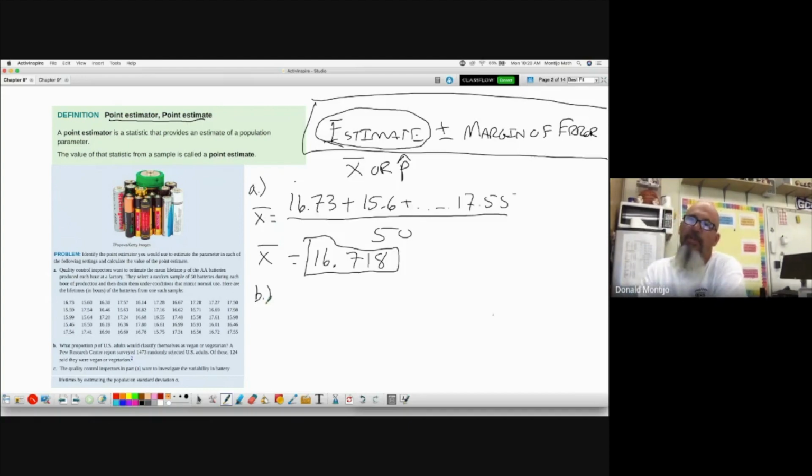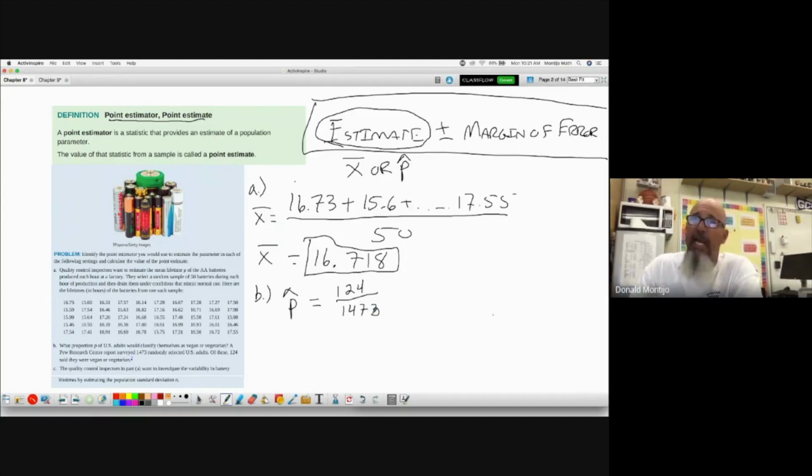So what would be the point estimate for question B? Well, remember, p hat is the sample proportion. So 124 people answered yes, I'm a vegetarian, out of the 1,473 in our SRS. After we sampled 1,473 randomly selected adults in the United States, 124 of them said yes, I'm a vegetarian.